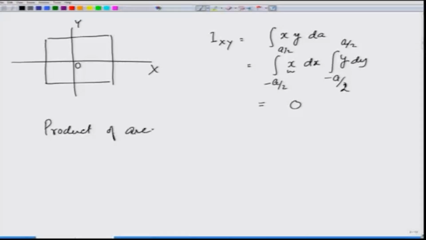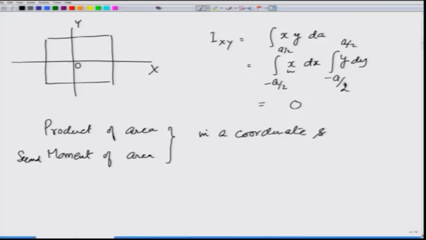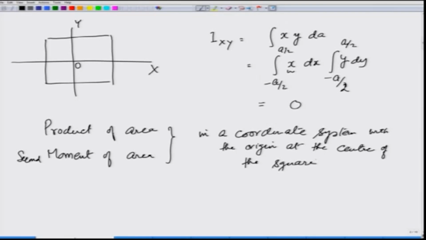So, for a square, if I calculate the product of area and the second moment of area in a coordinate system with the origin at the center of the square, we get Ixx equals Iyy equals a to the fourth over 12 and Ixy equals 0.